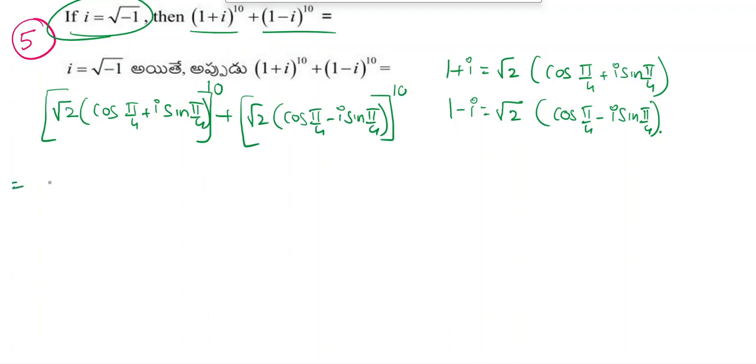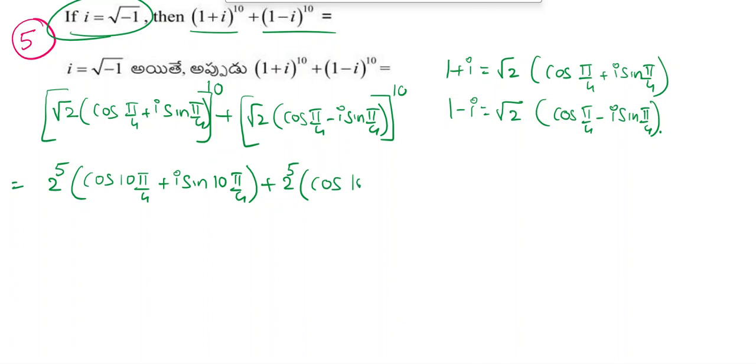Root 2 whole power 10 is 2 to the power of 10 by 2, that is 2 to the power of 5. Applying de Moivre's theorem for this, cos 10 pi by 4 plus i sin 10 pi by 4, plus, here root 2 power 10 is 2 to the power of 5, and applying de Moivre's theorem, cos 10 pi by 4 minus i sin 10 pi by 4.